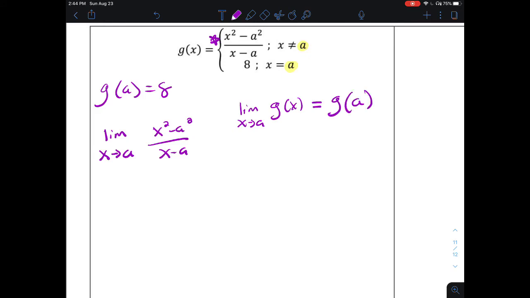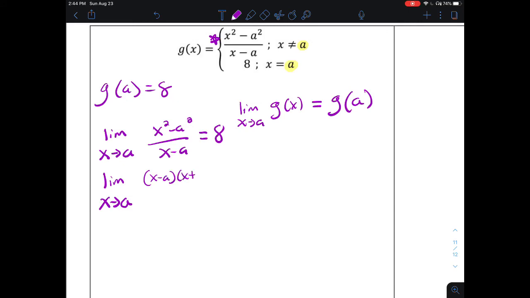Well, we know that g of a was 8, so that means I need to set this limit equal to 8 to help me solve. To do this, I'd have to factor the inside of the limit. So the limit as x approaches a, that'd be x minus a times x plus a over x minus a.